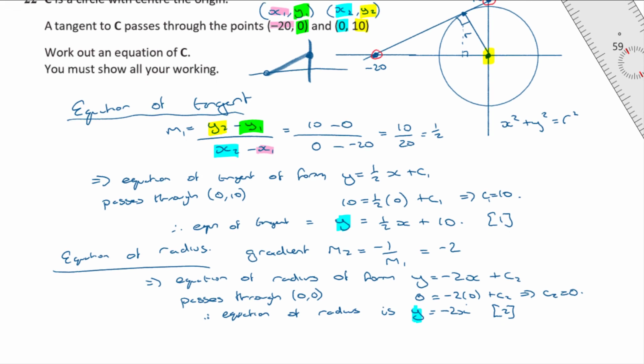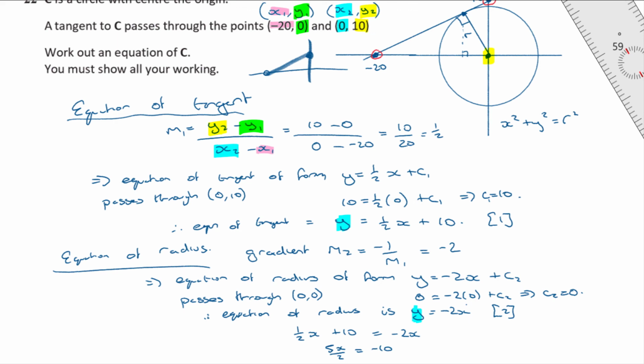That is going to give me a half x plus 10 equals minus 2x. So bring in all the x's to one side and everything else to the other. So I'm going to get 2x plus a half x. That's 2.5x, or 5x over 2. And that is equal to minus 10.